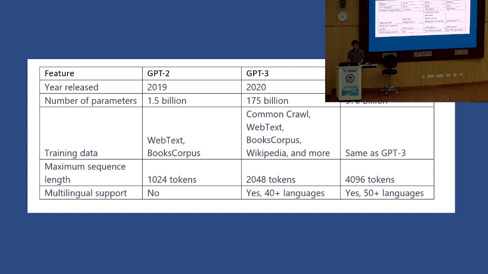The maximum sequence length for training is 1024 tokens for GPT-2, 2048 for GPT-3, and 4096 for 3.5. And multilingual support was added in GPT-3 and GPT 3.5, which means GPT-2 could understand only the English language, whereas 3 and 3.5 can understand over 40 languages.